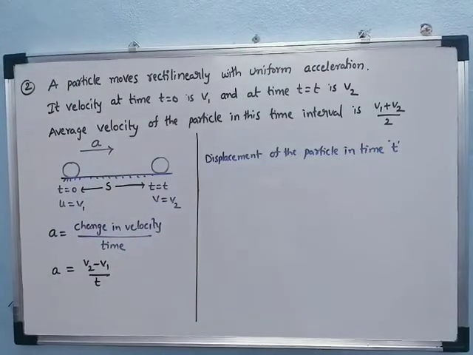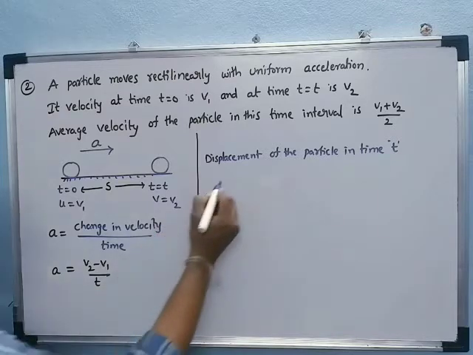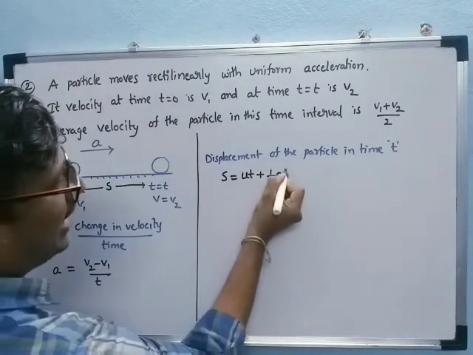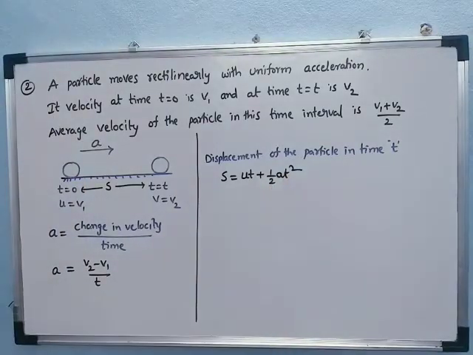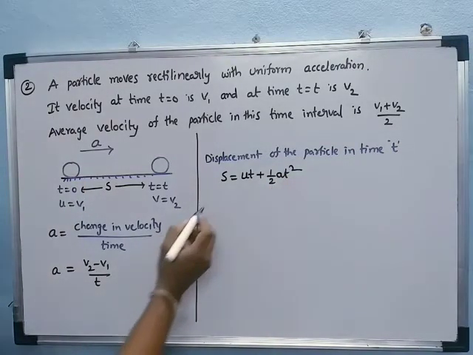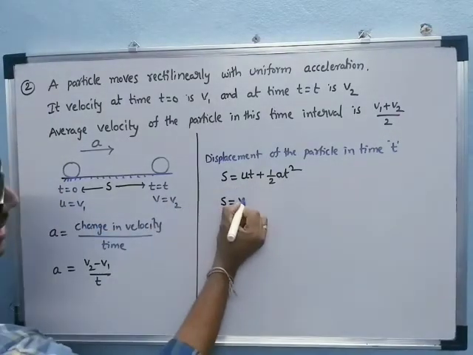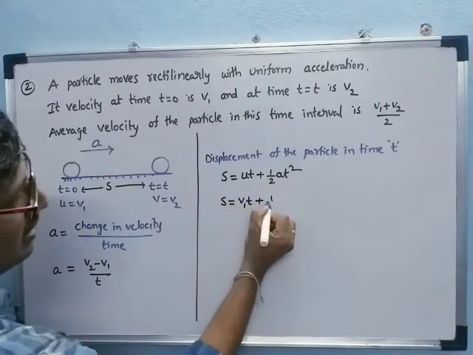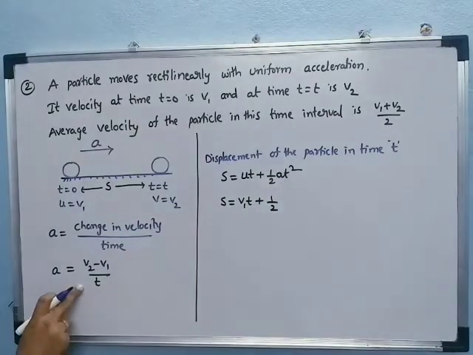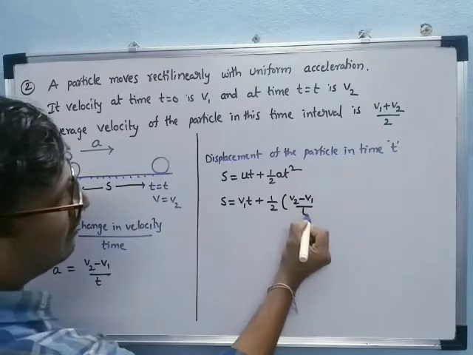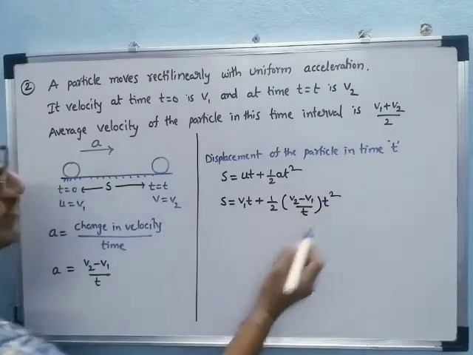What is the formula? The displacement s is equal to ut plus half a t square. Now write it: s is equal to v1 t plus half a, where acceleration is (v2 minus v1) by t, into t square.